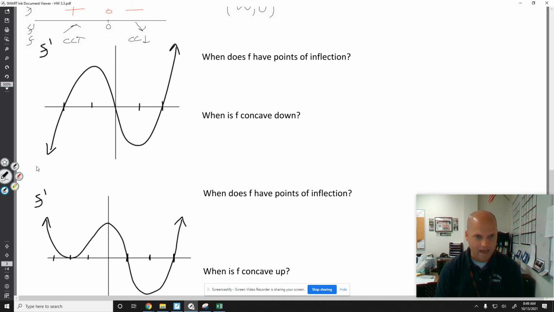Okay, for concavity, I can look at the signs of f double prime, if f prime is increasing or decreasing, and that's going to tell me about f and its concavity, its curvature. I'm going to do the slopes. F double prime can be looked at if you look at the slopes of f prime. I'm going to do this first, and then I'm going to confirm by looking at f prime going up and going down.